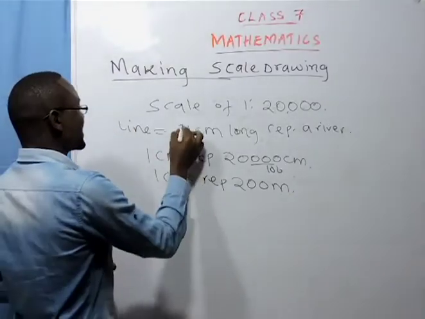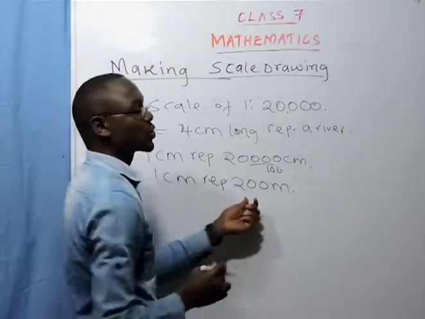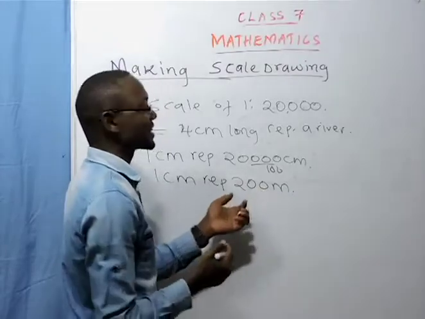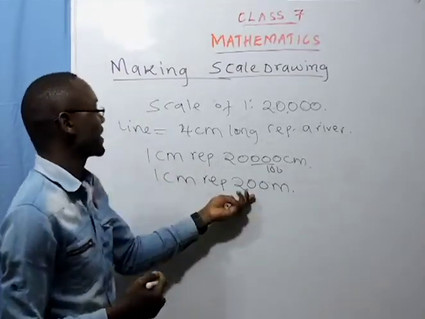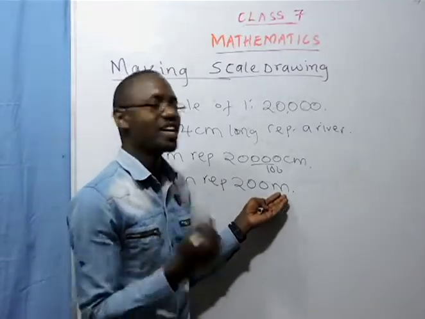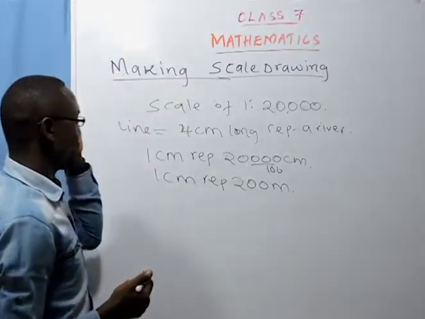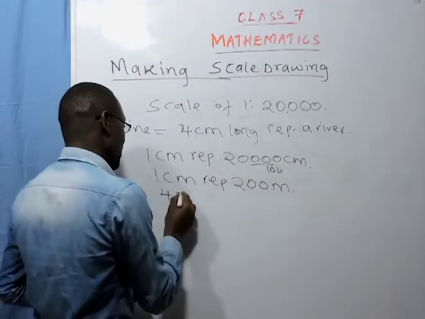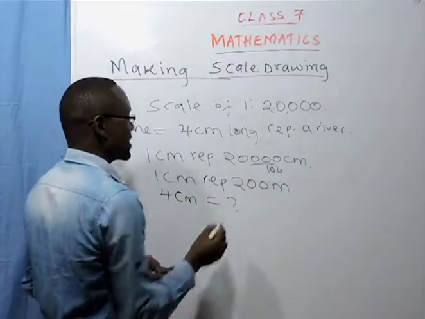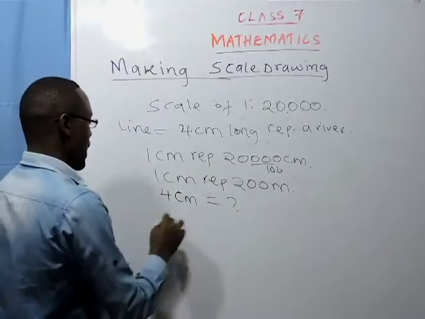So 1 centimeter on the map represents 200 meters on the ground, that's now the interpretation of the scale. If 1 centimeter represents 200 meters, what about 4 centimeters on the map? What are we going to do? We cross multiply.